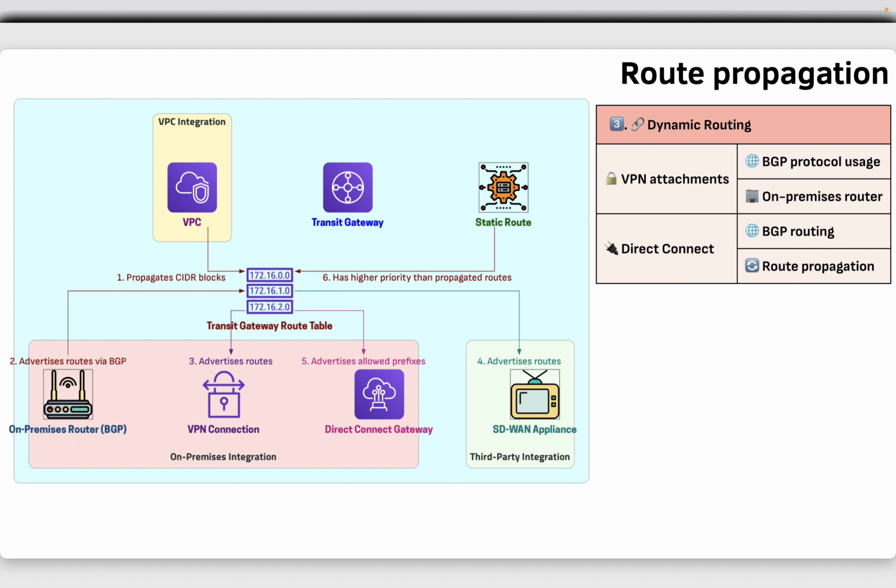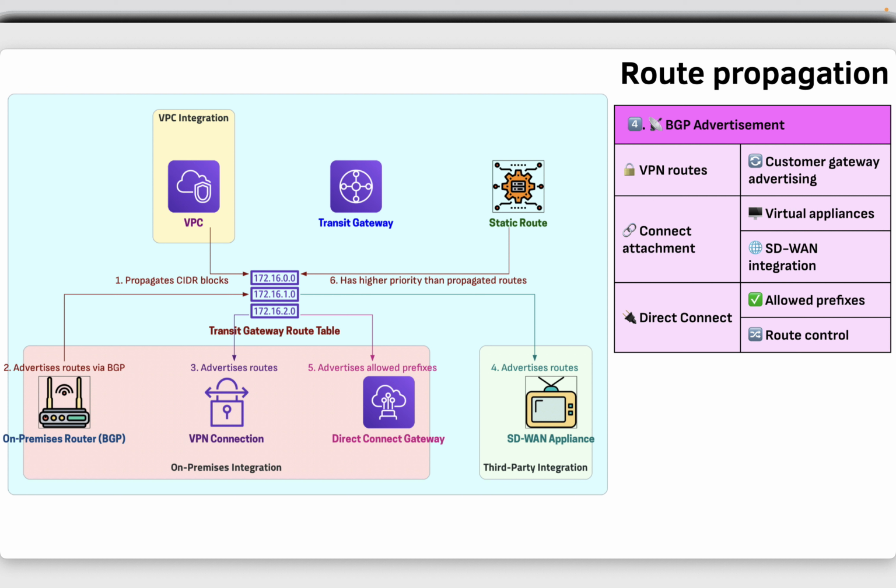Dynamic routing enables both VPN attachments, virtual private network attachments, and direct connect gateway attachments to propagate routes learned from on-premises routers through BGP protocol, border gateway protocol, to any transit gateway route tables, and thus this facilitates flexible network connectivity.